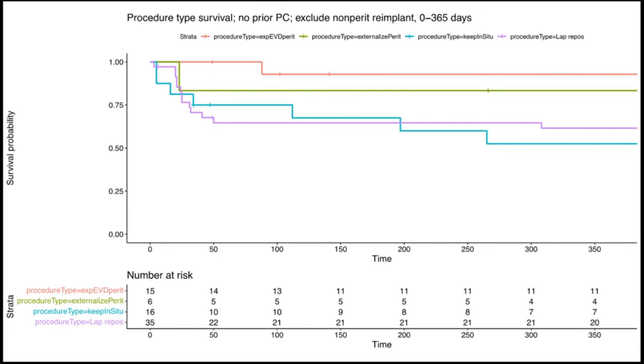The next curve is explanting the EVD from the peritoneal space, which also did well. Keeping the shunts in situ and just moving them were not as successful in general.